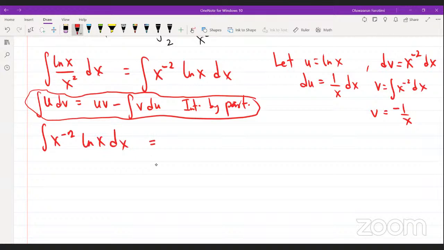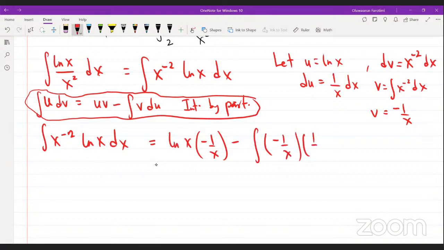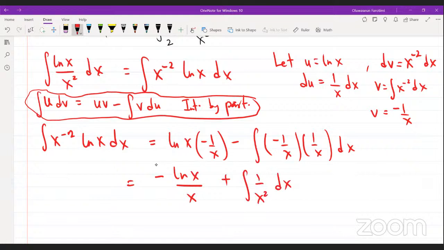So this is going to be ln of x, because that's u, times v, minus the integral of v, which is -1 over x, times du, 1 over x dx. So this is going to be negative ln of x divided by x plus the integral of 1 over x squared dx.